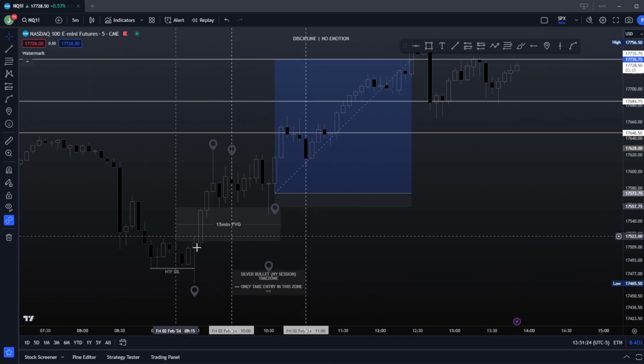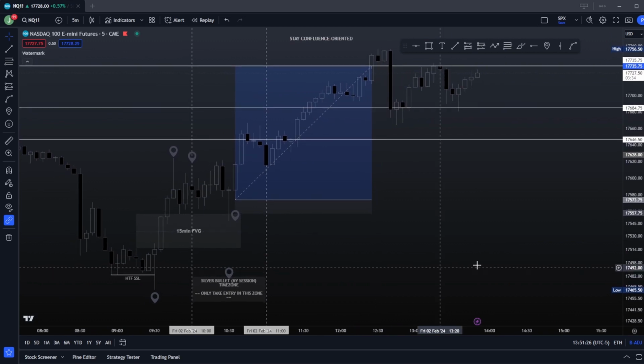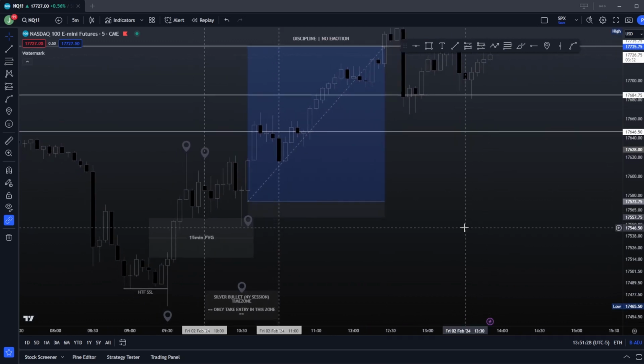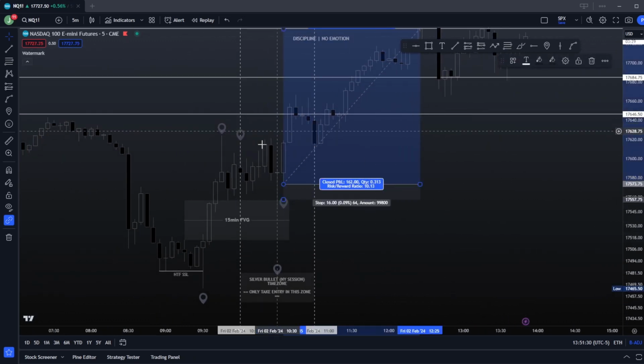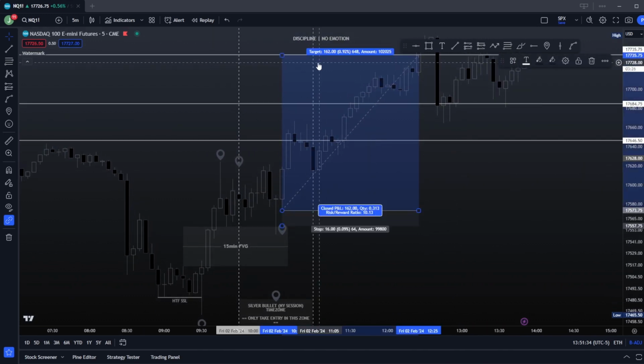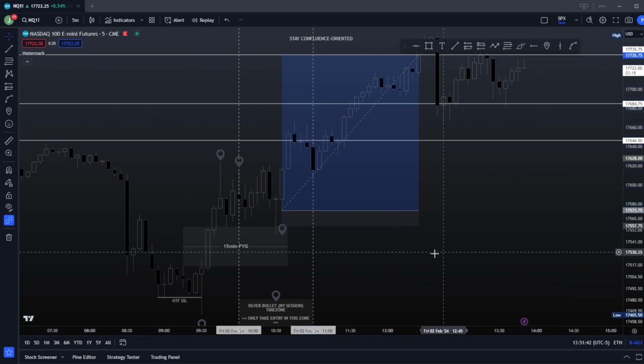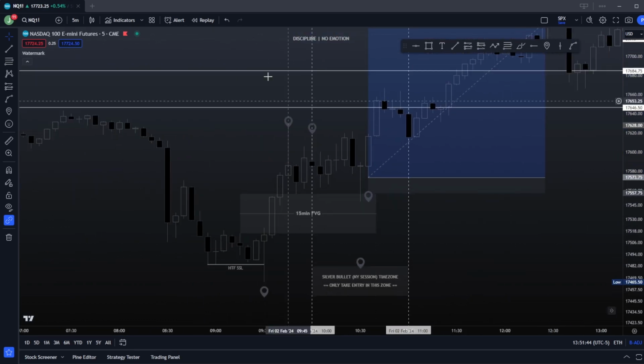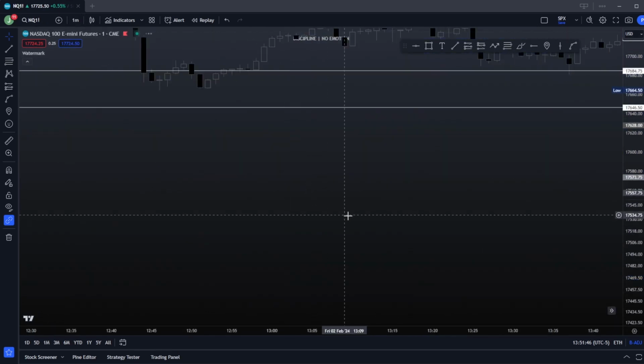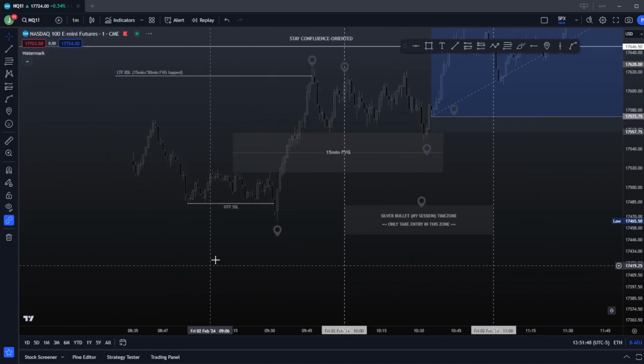You'll probably have to turn up brightness to see some of it, but yeah, 10 RR today, 162 handle. That's 162 not ticks, but points. That's insane. But I'm gonna run through this with you guys.